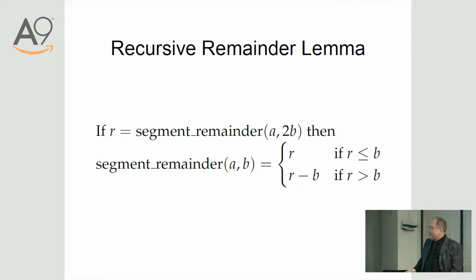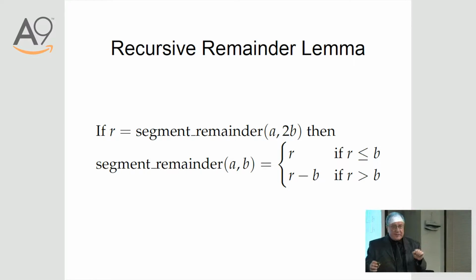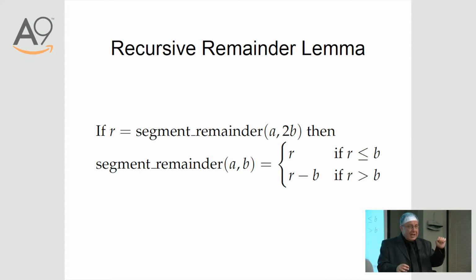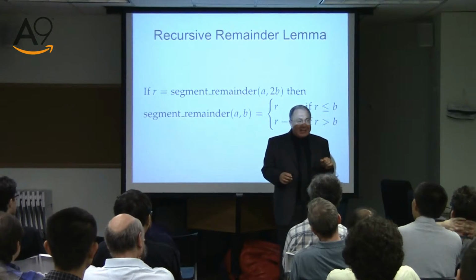To compute segment remainder, we actually do an interesting thing. Typically, when we want to do a recursive definition of something, we say, let's go from n to n minus 1, right? Here we're going to do something utterly bizarre. We say, let's go from n to 2n.